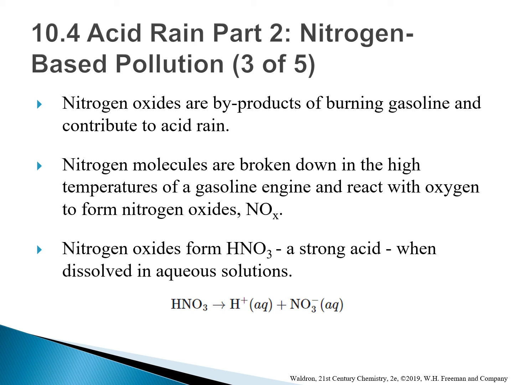Nitrogen oxides are gases that form acids when they combine with water. When dissolved in an aqueous medium such as snow or rain, nitrogen oxide molecules form nitric acid, HNO3. Because it is a strong acid, nitric acid completely dissociates to produce protons and nitrate ions. The protons this reaction produces dissolve in rain and snow and acidify them.